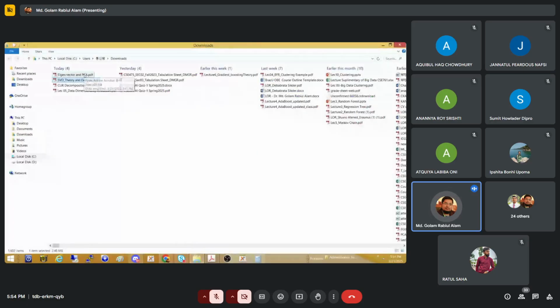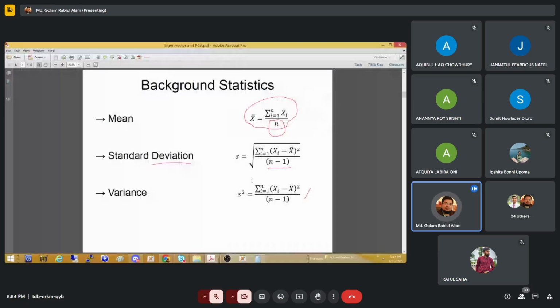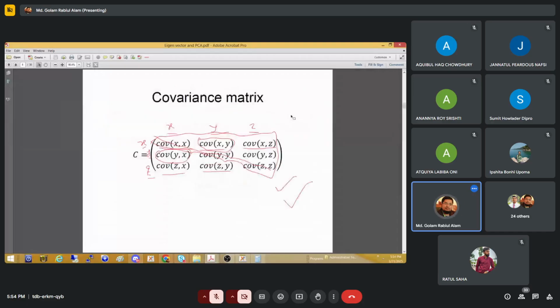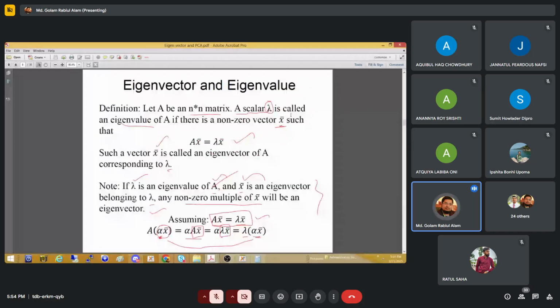We also have a lecture sheet on PCA, where you will find how to compute the eigenvalues and eigenvectors, with an example and the steps given.